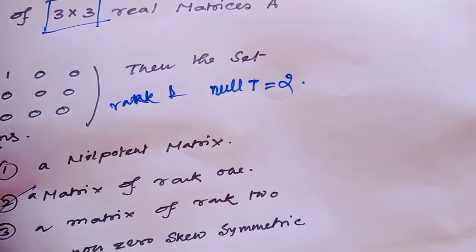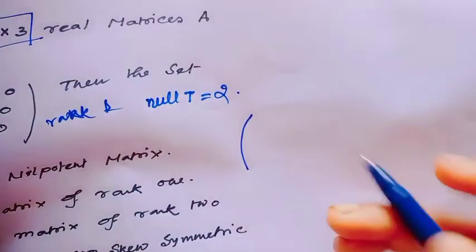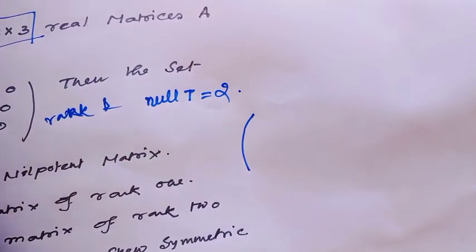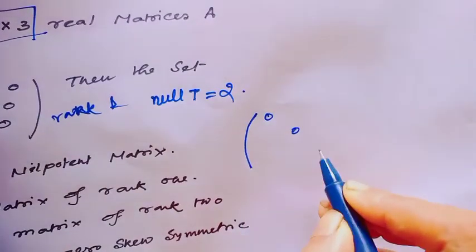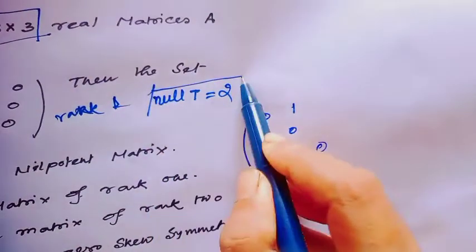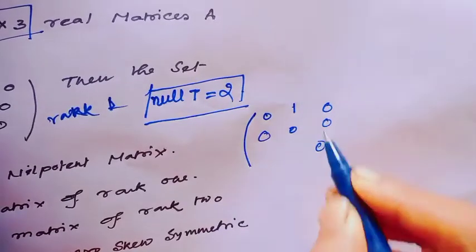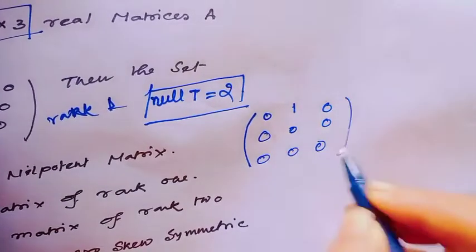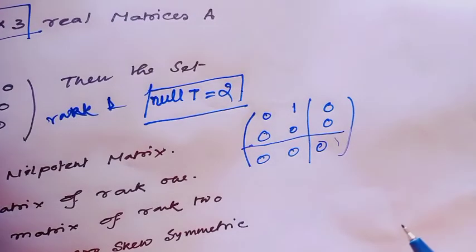That means, obviously, this matrix is similar to one nilpotent matrix, which is of this type 0, 0, 0, 1. Since here nullity equal to 2 means there exist 2 Jordan blocks. This is one Jordan block and this is another Jordan block.